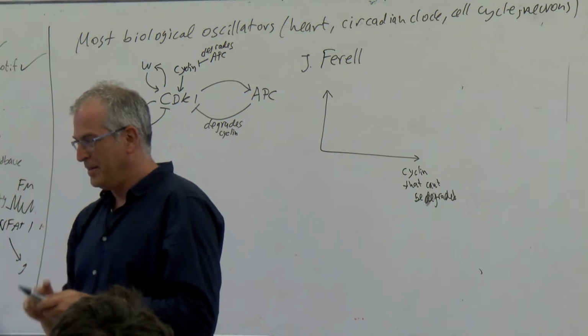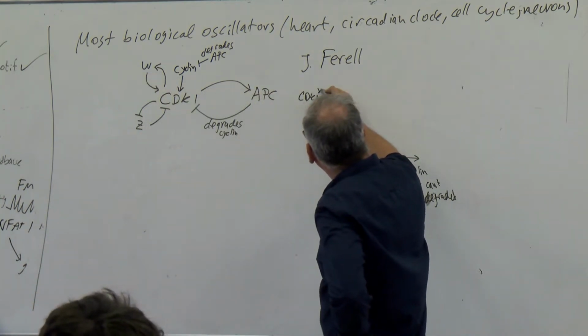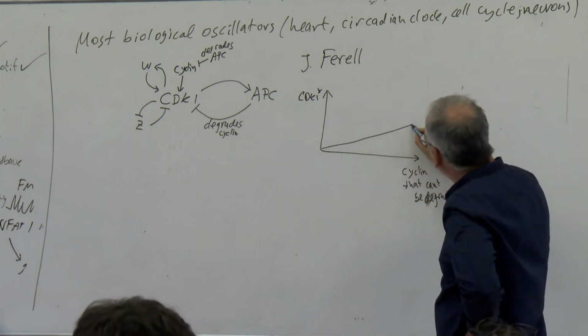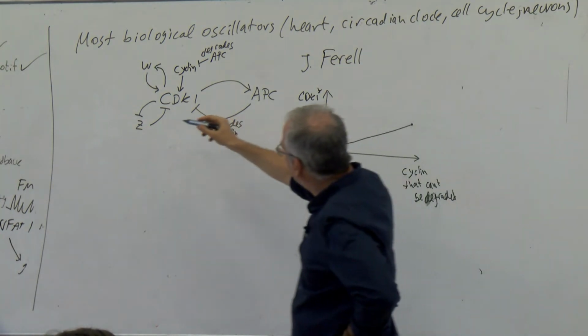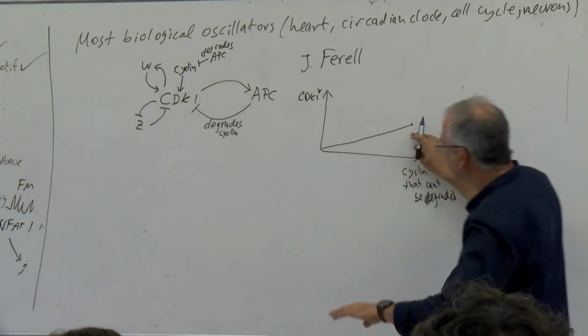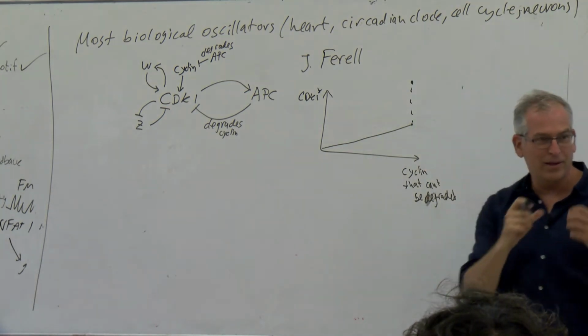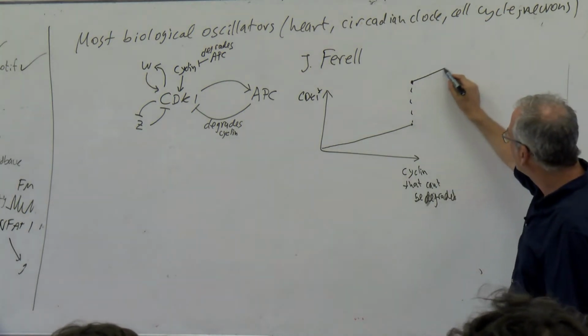And he measured this active CDK1, and he started adding cyclin, and it goes up, up, up. But then at a certain point, since CDK1 has a positive feedback loop, it starts activating itself and jumps up. It's like the tennis ball. And then it keeps going up like that.